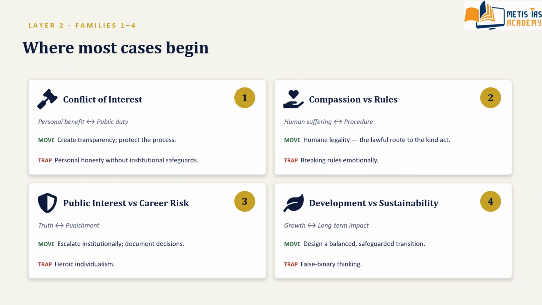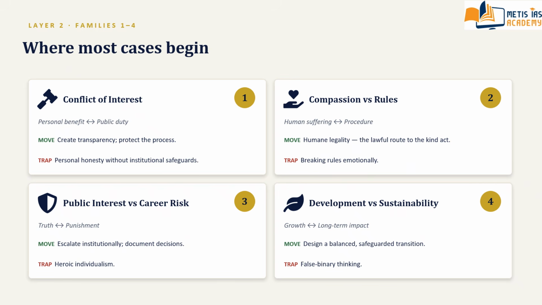What should be the winning move, what should be the balanced outcome? We are going to do human legality. What is human legality? The lawful route to the kind act, that is human legality, rather than rules or compassion alone.